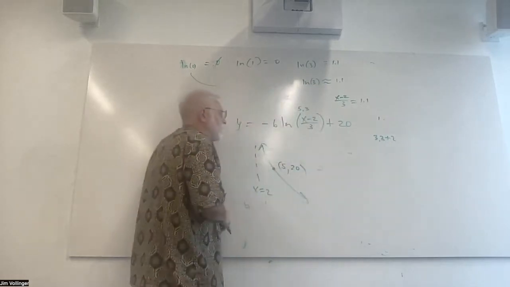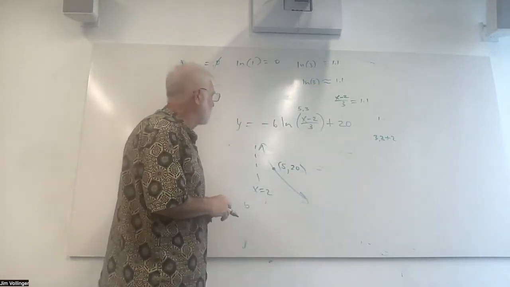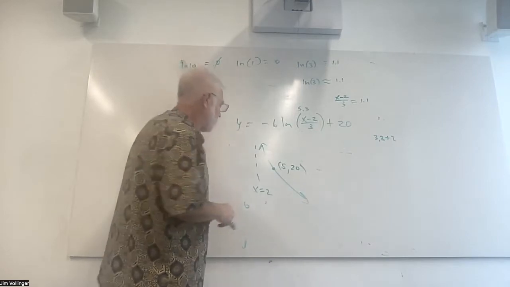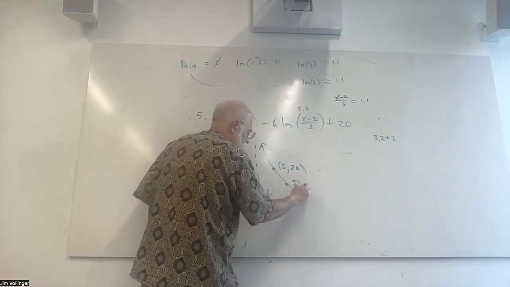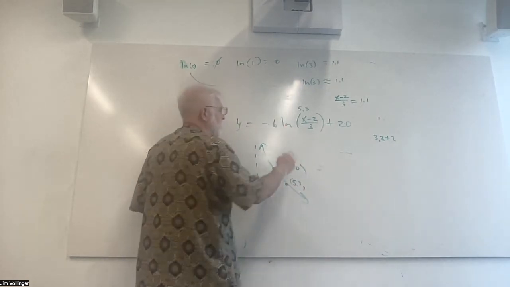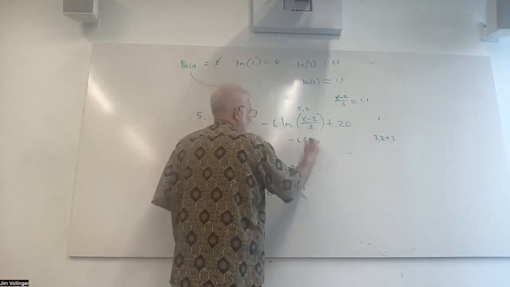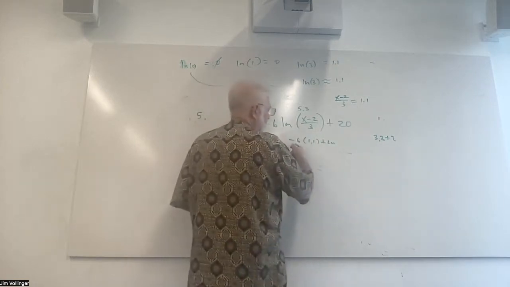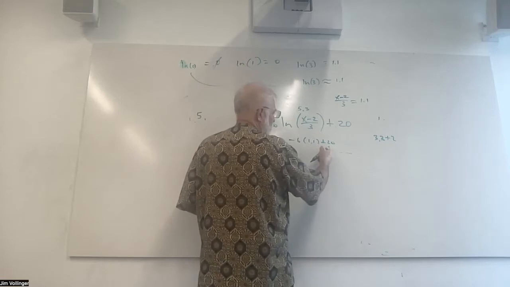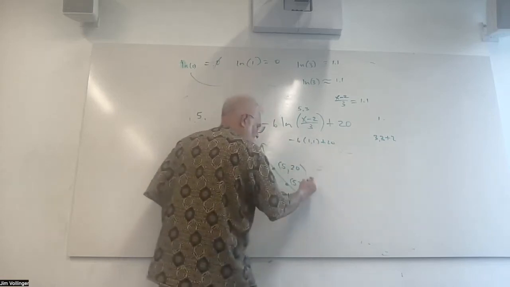Might have been able to do that in my head, but at this stage, might be tired, might make a mistake. So 5.3 is bigger than 5. So let's go 5.3. And that gets me an approximation of -6 times 1.1 plus 20. Yeah, you got to do a little math. Minus 6.6, so -7 is 13, so 13.4.